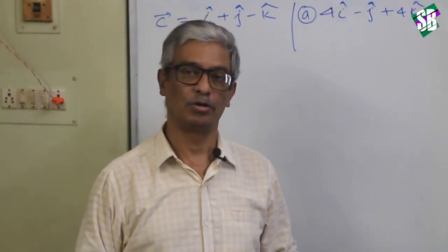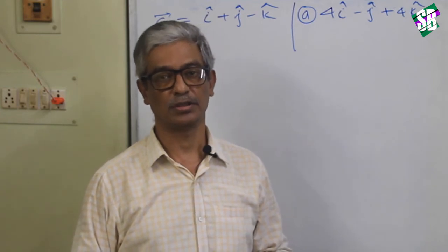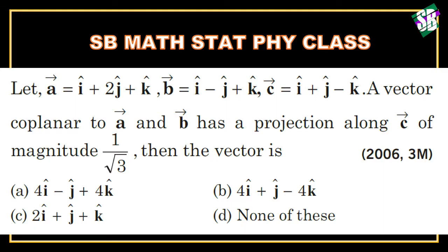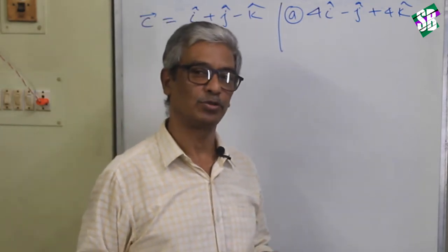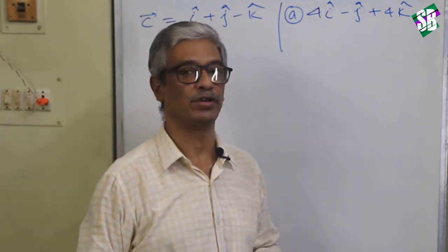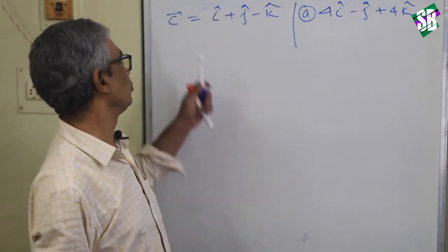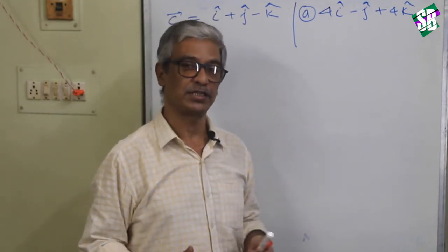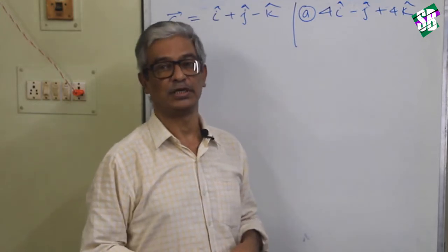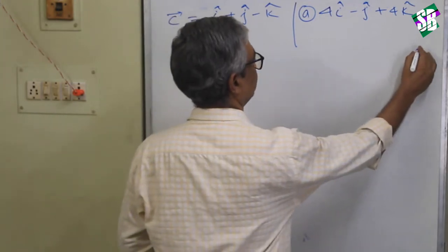Now take a look at the question that is just appearing on your screen. It is similar to the first question that we have discussed. You are required to find a vector whose projection on C vector has magnitude 1 by root 3.